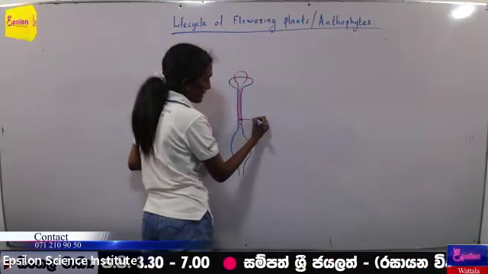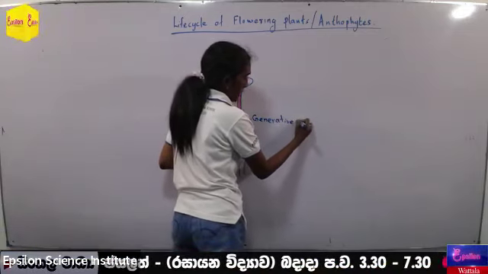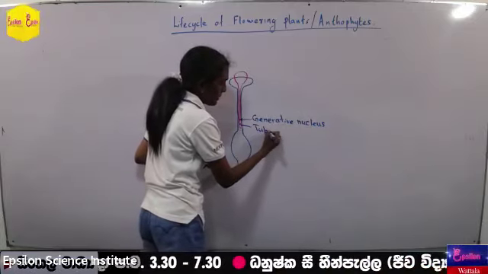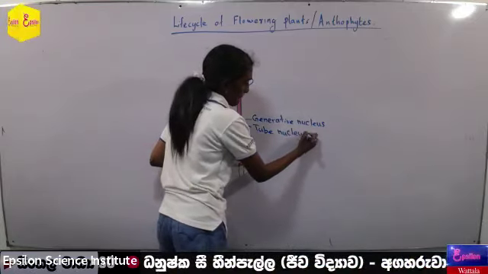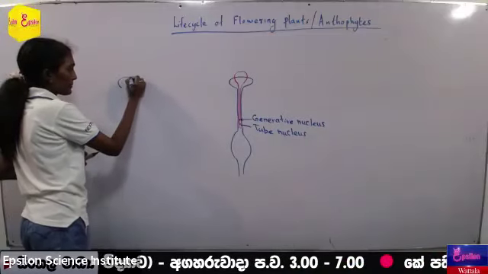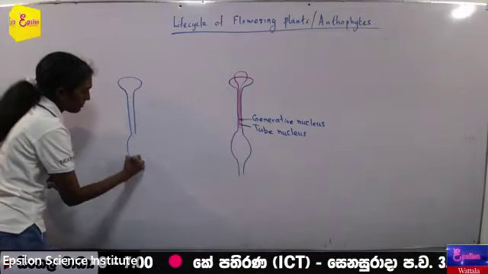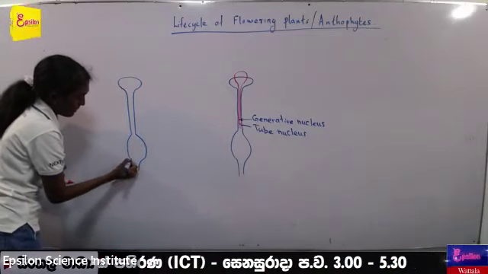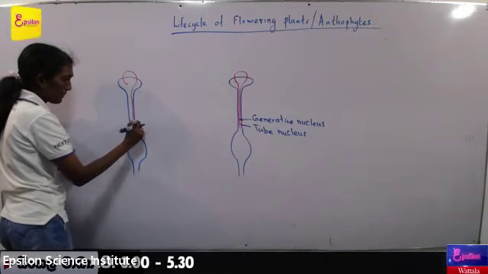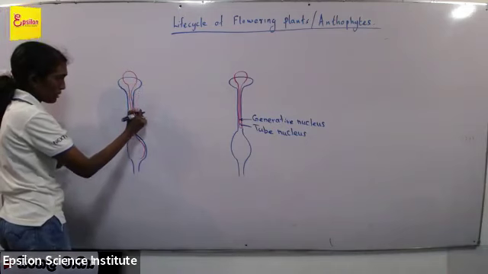One nucleus is the generative nucleus. The other nucleus is the tube nucleus. Understood now? Then this is growing further and reaches near the ovule.